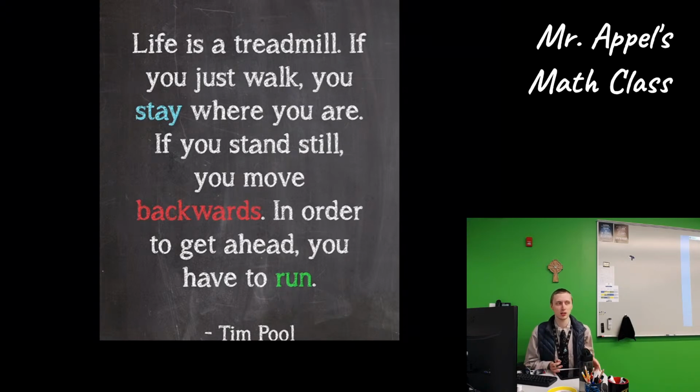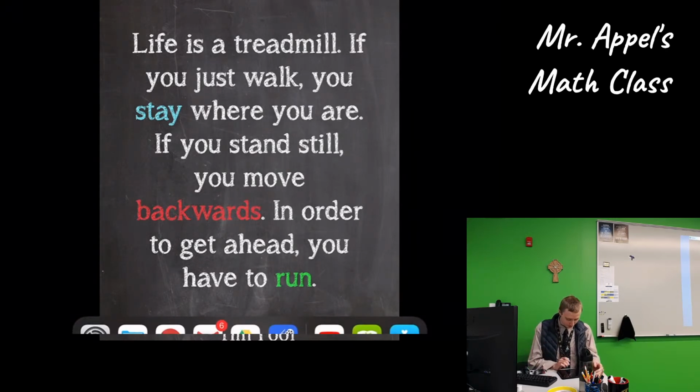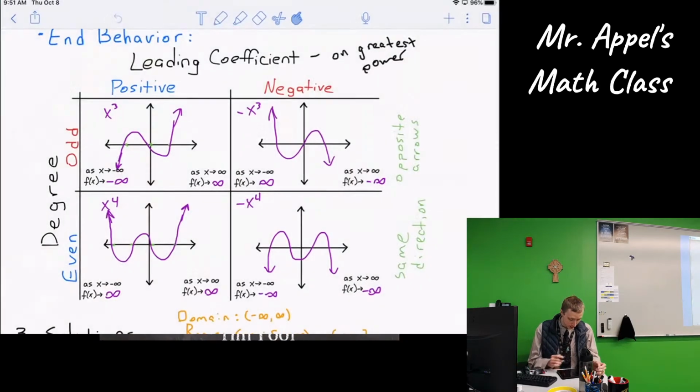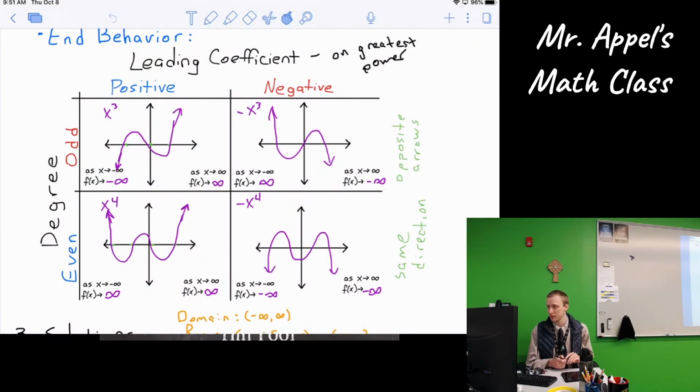Today, we are returning to the tail behavior. Not that we have much to add to it, because I kind of already covered this when I went through everything about polynomials. So, in a sense, we hit it overkill previously.